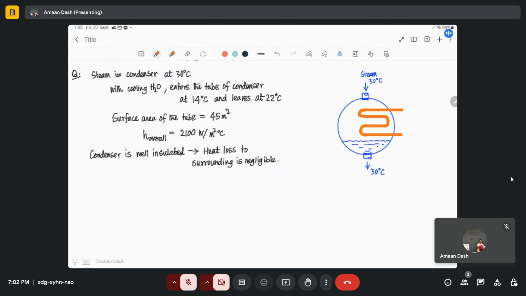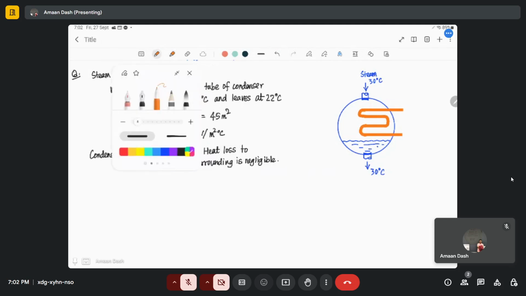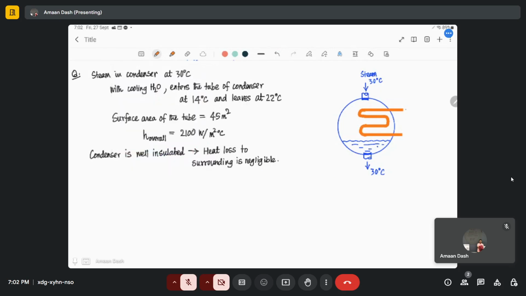Here we have cooling water going in at 14 degrees Celsius, and it is coming out at 22 degrees Celsius. So I think now you can visualize the system.